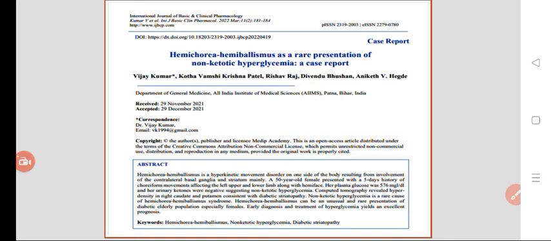Hemichorea hemiballismus as a rare presentation of non-ketotic hyperglycemia, a case report. It means that in non-ketotic hyperglycemia, hemichorea and hemiballismus is a rare presentation, a rare clinical feature or sign, which is reported by the various authors. All credit goes to them. So it is just an example taken from the IJBCP journal.